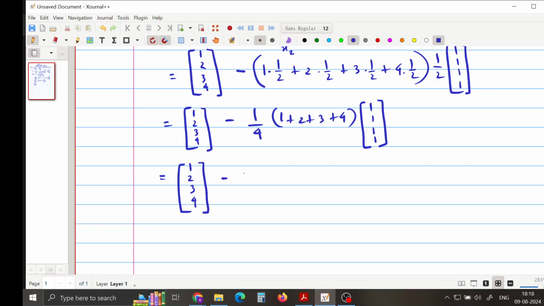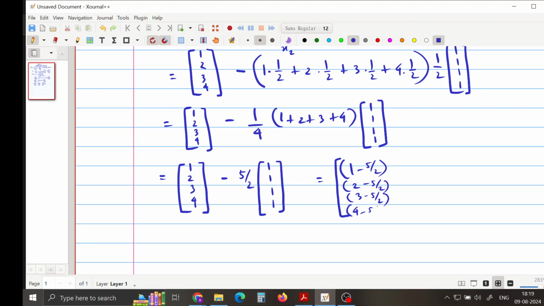So this will be 5 by 2 times 1, 1, 1, 1, correct? 10 by 4 is nothing but 5 by 2, and you have to subtract them. So 1 minus 5 by 2, then 2 minus 5 by 2, 3 minus 5 by 2, and finally 4 minus 5 by 2.